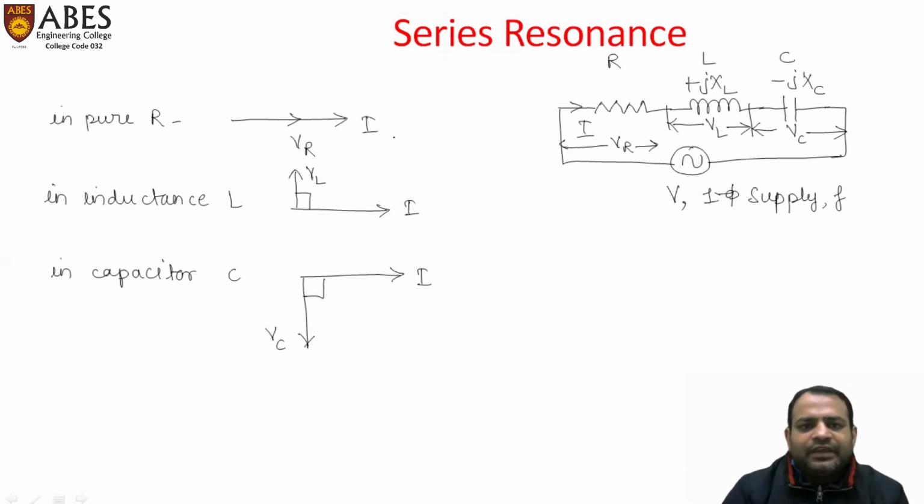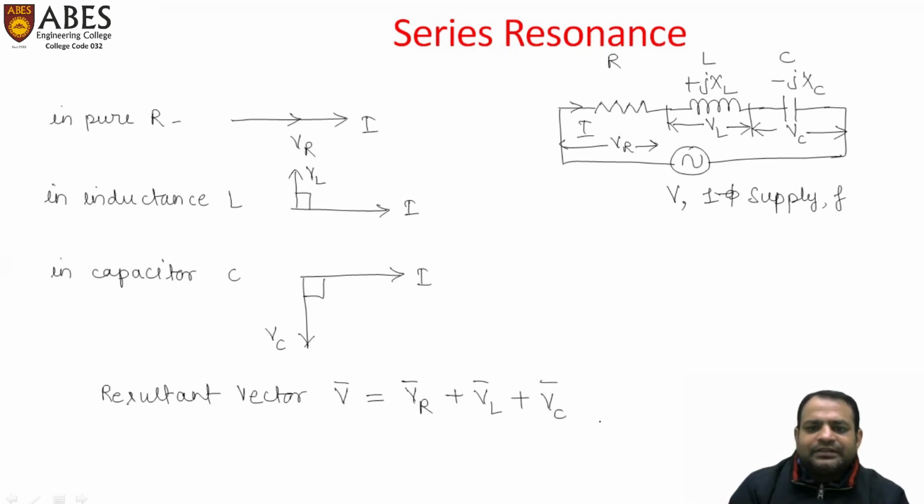So in such a way, we have three vectors VR, VL, and VC. So what is the resultant vector? Resultant vector, that is V supply, is equal to vector sum of these three vectors VR plus VL plus VC.